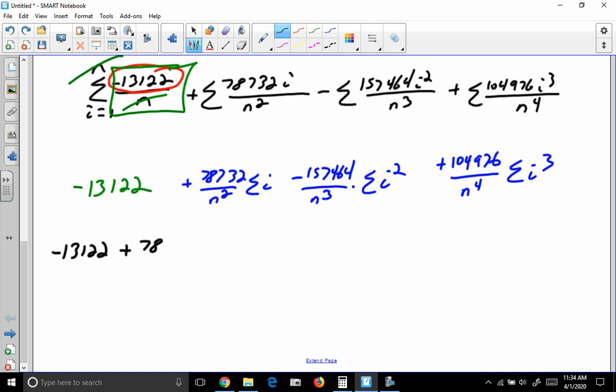For the next term, we're going to replace i with n squared plus n over 2.